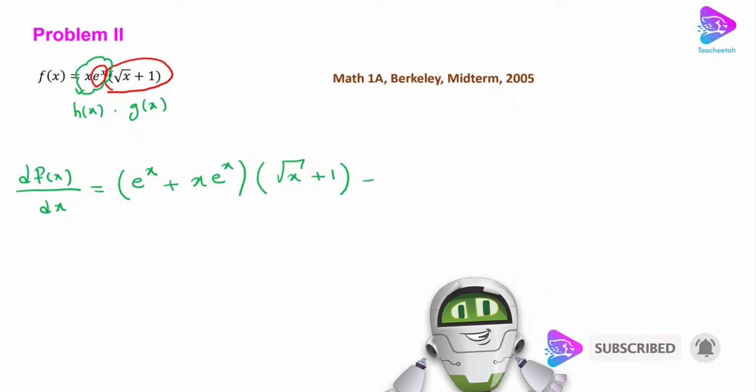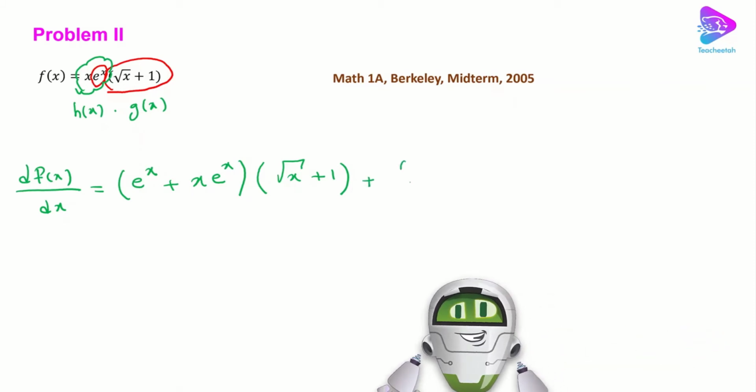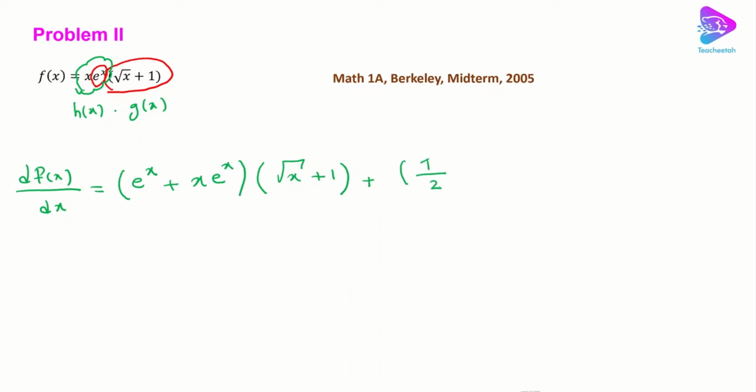So it's going to be 1 over 2 x to the power of minus 1 over 2, times the first term, which is x times e to the power of x. Easily, using the product rule, we obtain the derivative of this function.